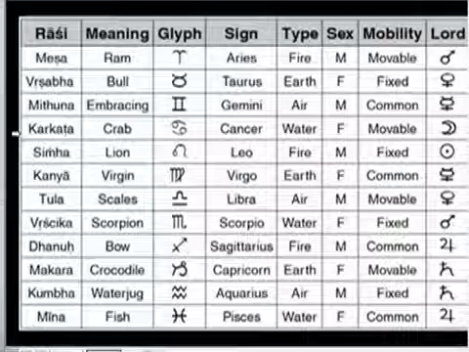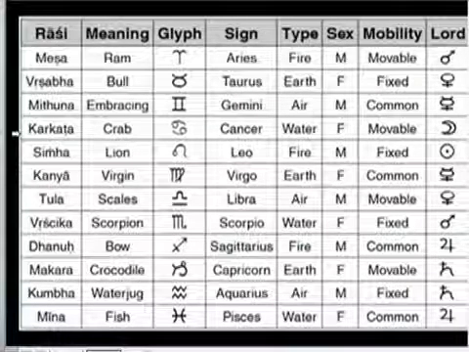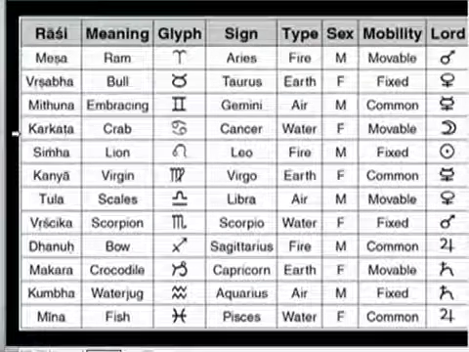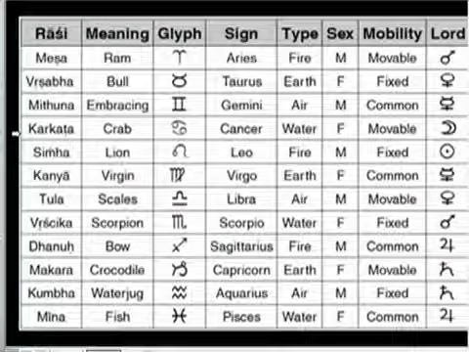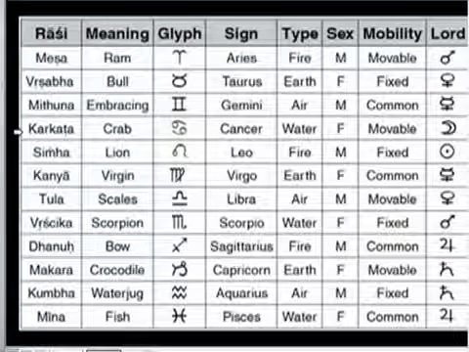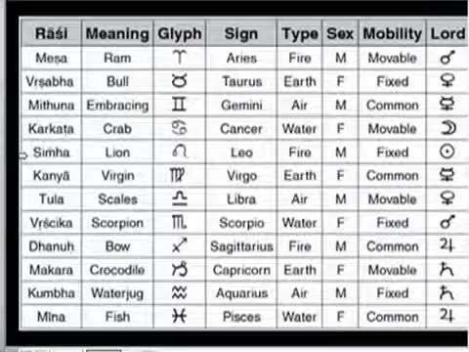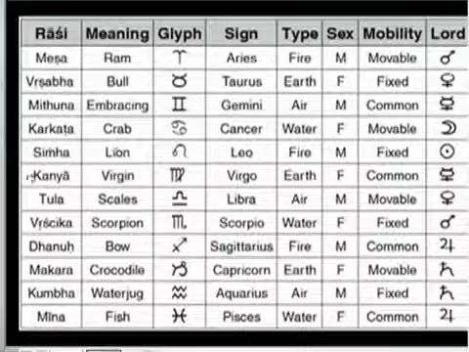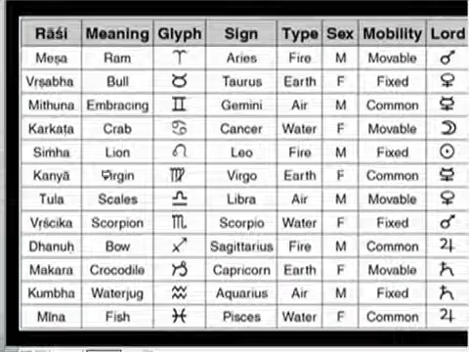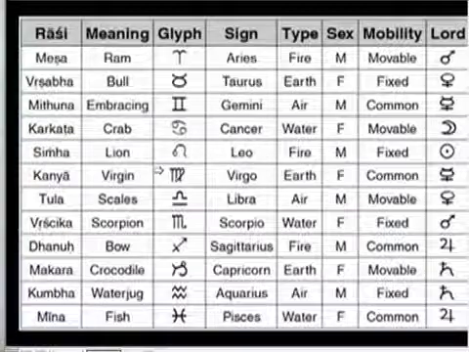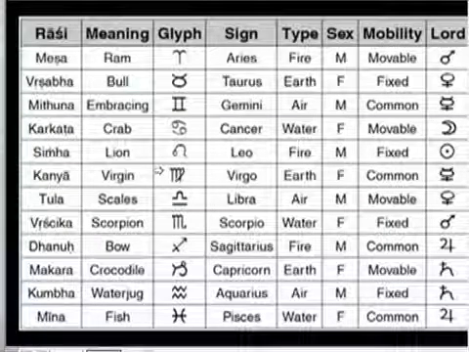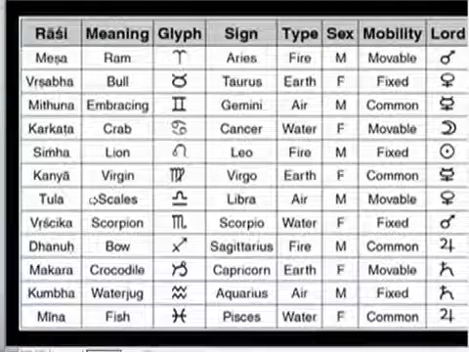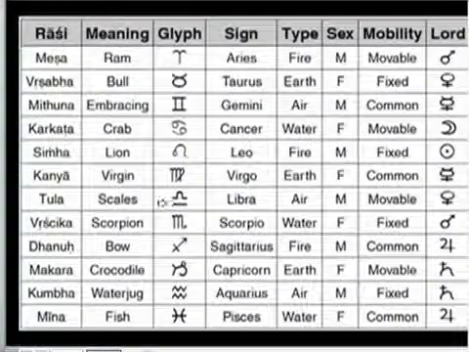Karkata, with the palatal T, just like most Indians are already talking like that. Karkata is the crab. Singha means lion, which is very similar to our Leo. Kanya means virgin, just like Kanya Kumari means a teenage virgin. And Tula means scales, just like Libra, the symbol is the scales.